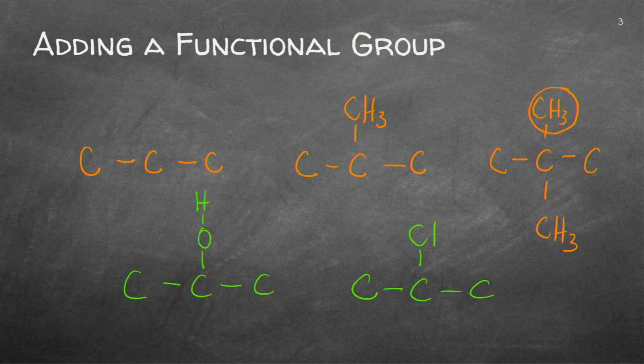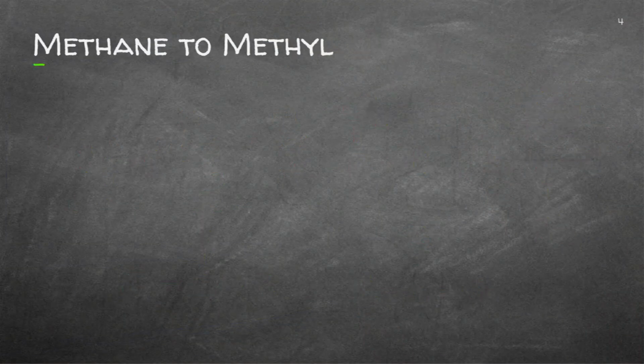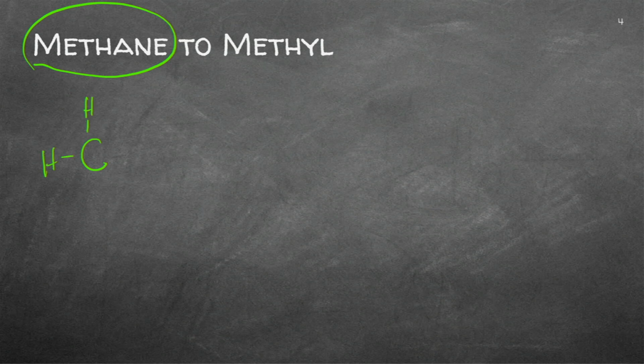So if I've got methane, now can you recall what methane was in the previous lesson? It's 1 carbon linked to 4 hydrogens. Now if this methane loses the 1 hydrogen, what remains? Think a little bit. Obviously the carbon and 3 of the hydrogens.